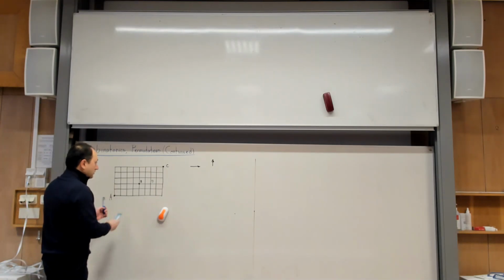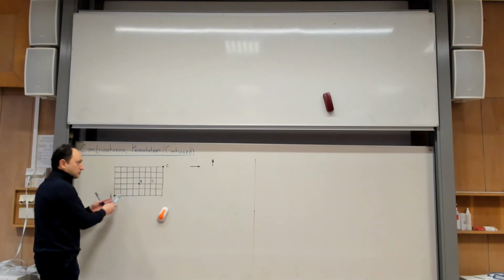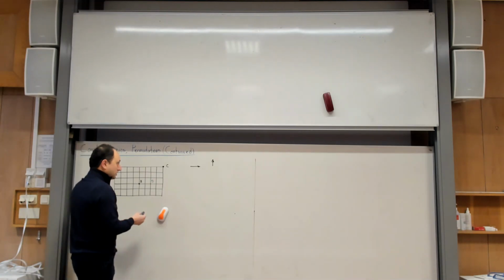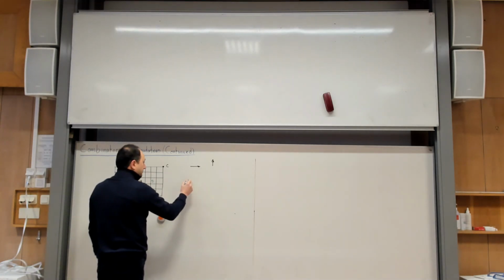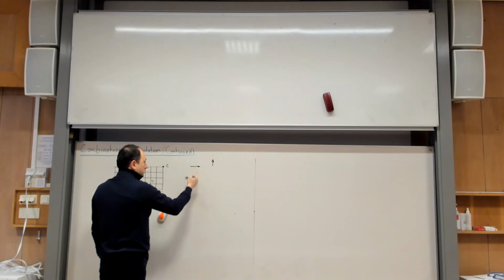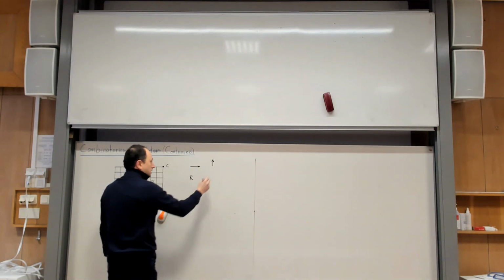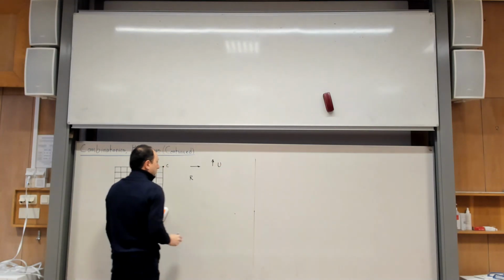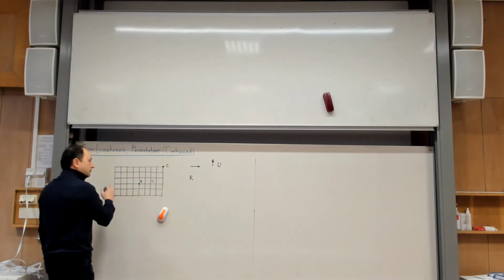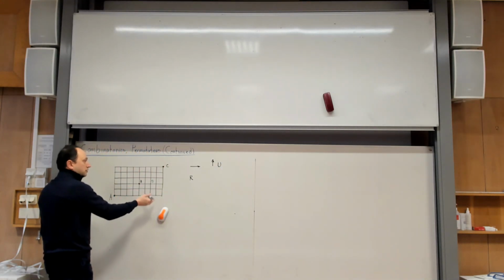So instead of counting this problem, I would consider this problem: let us use R to denote right and U to denote up. Then I have 8 R's and 5 U's.